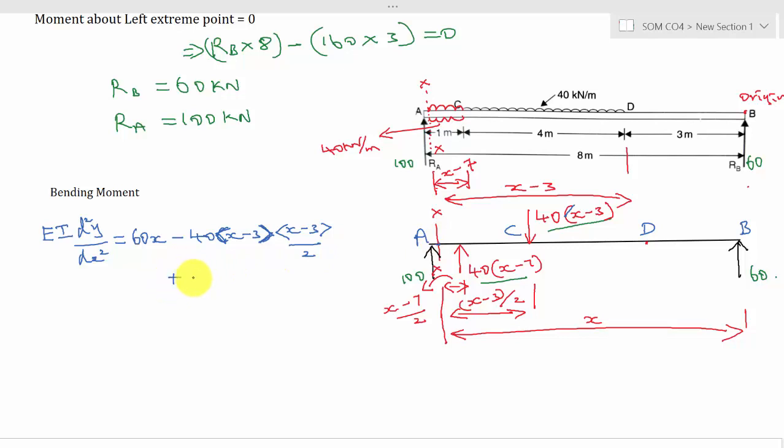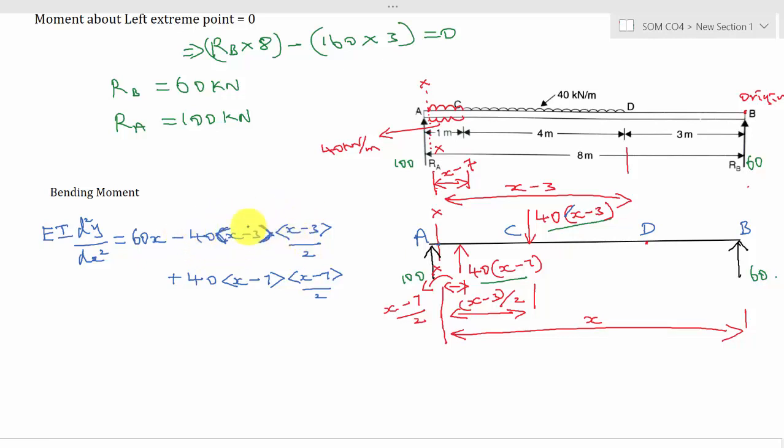So here it is plus 40 into (x minus 7), and it is acting at a distance of (x minus 7) divided by 2. So this is the bending moment equation by Macaulay's method. Okay, as I told you earlier, inside the Macaulay's bracket, if you get a negative term, then you can omit the whole term.